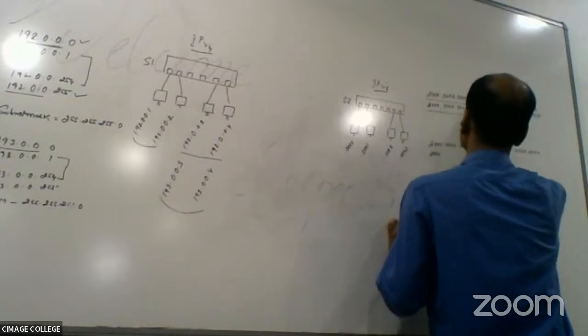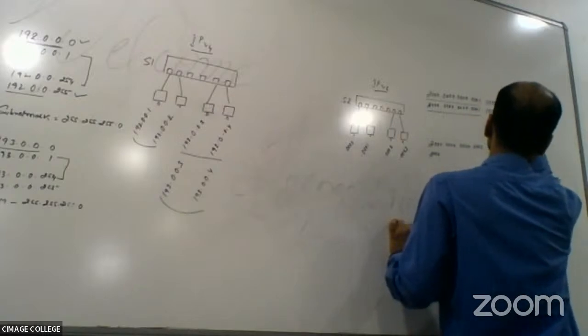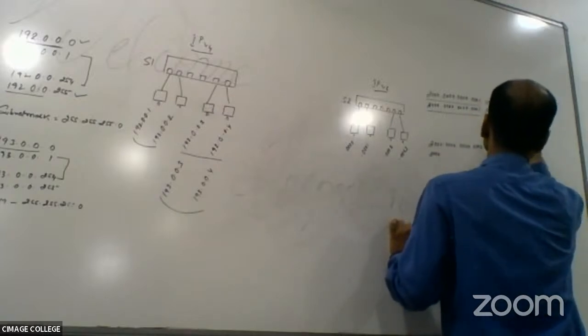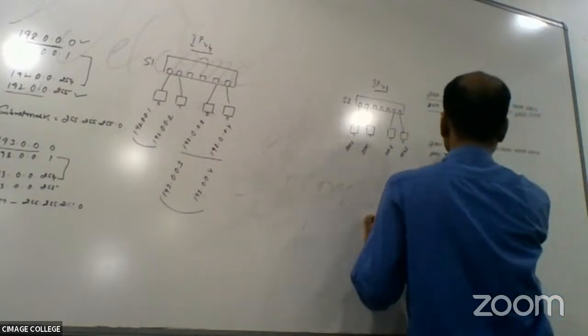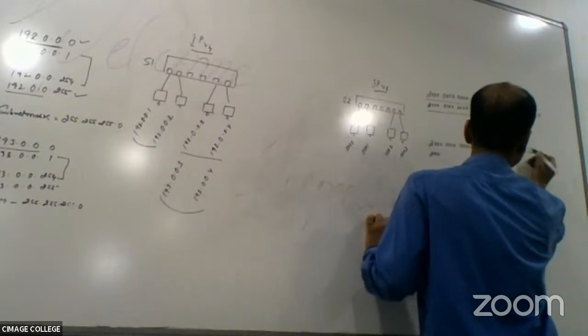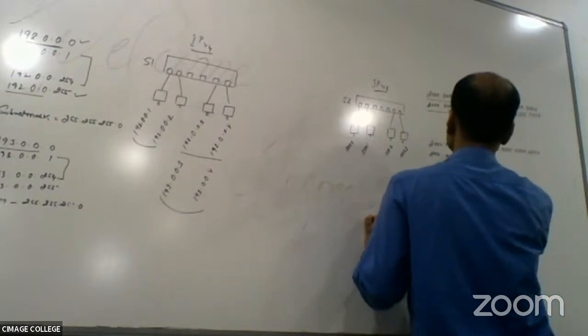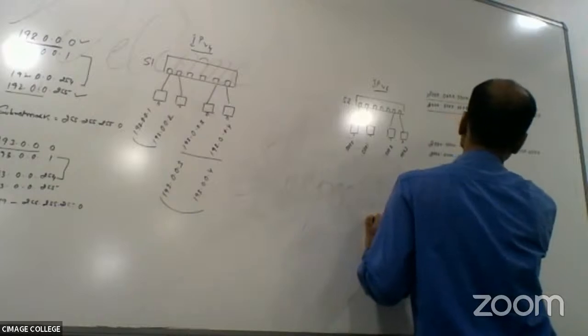Colon. I missed it. Okay. Colon. Fine, 2000 colon 1 2 3 4 colon 1 2 3 4 colon 1, sorry, 0 0 0 2.